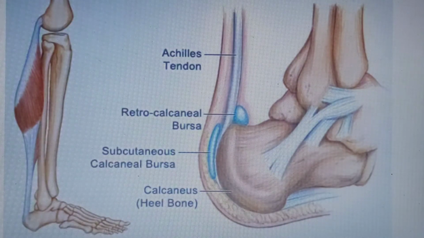Now, to begin with muscles in the posterior compartment, one thing that we have to know is that the 3 superficial muscles will have a common tendon, a common insertion point.